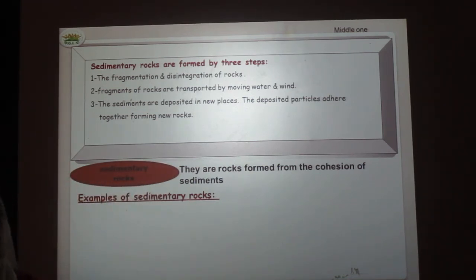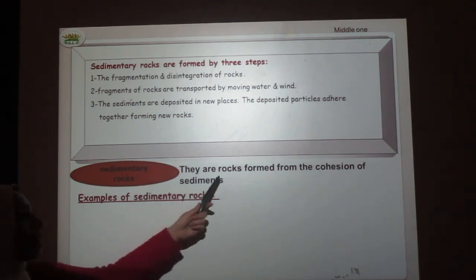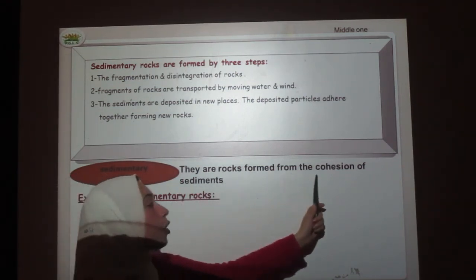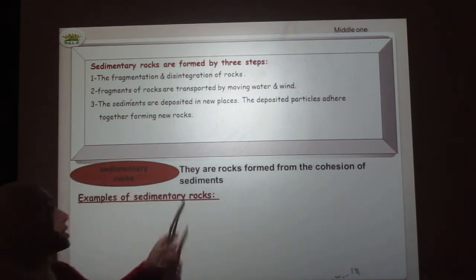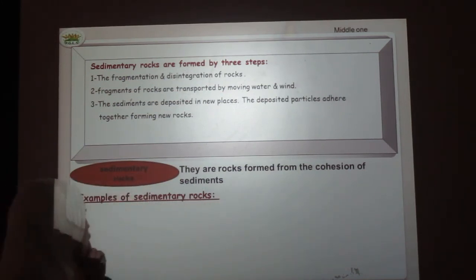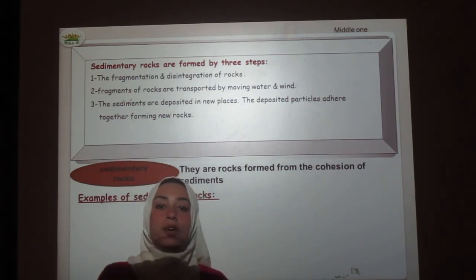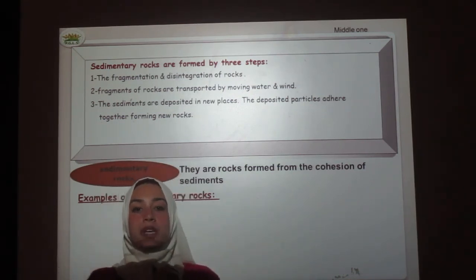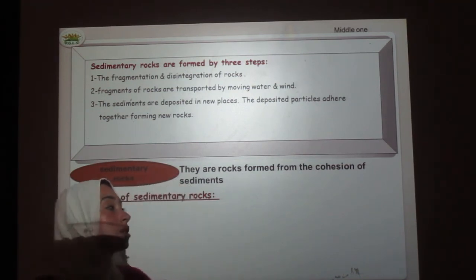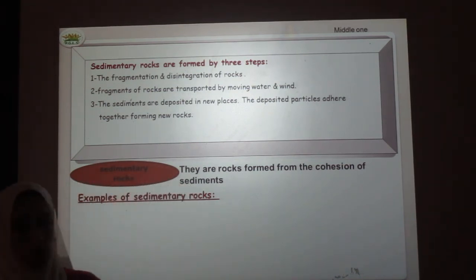So the meaning of sedimentary rocks: they are rocks formed from the cohesion of sediments. Cohesion is like attachment of sediments to form sedimentary rocks.